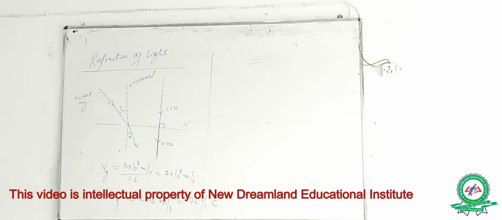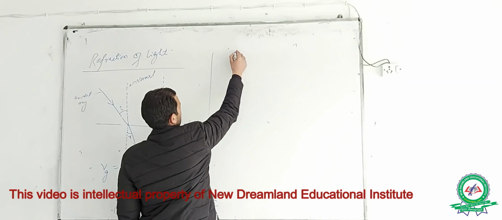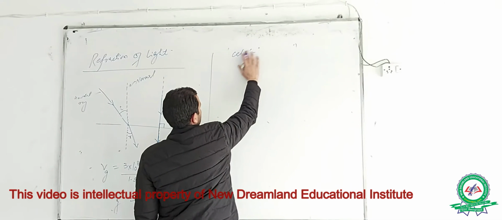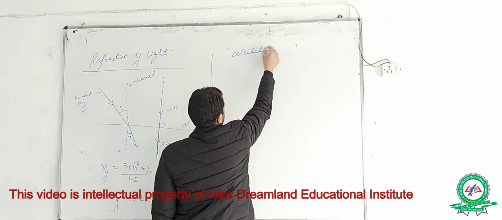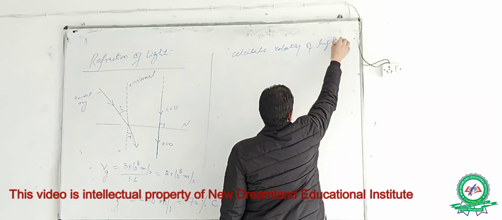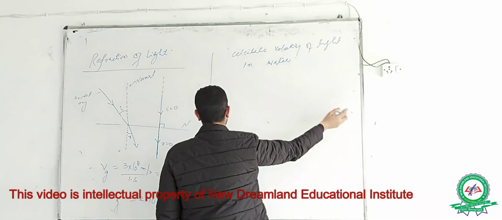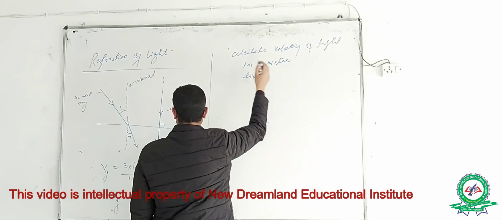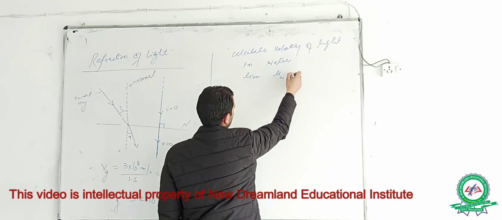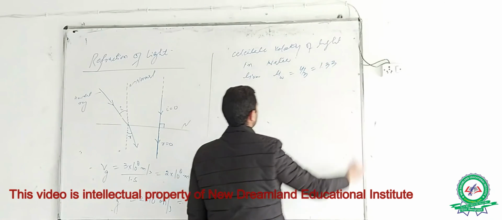Similarly, we can calculate the velocity of light in water. Calculate the velocity of light in water, given that for water the refractive index mu w is 4 by 3, that's 1.33.